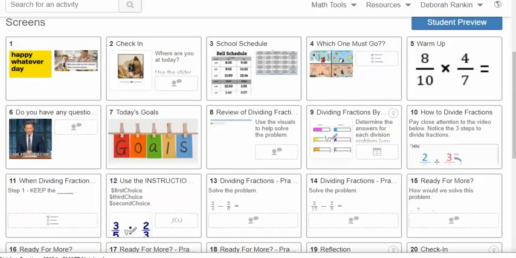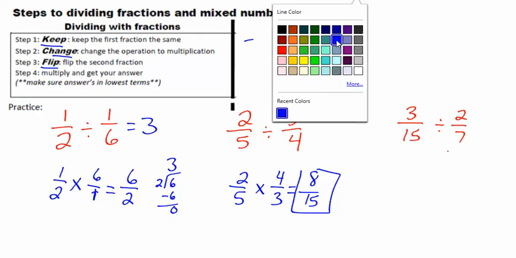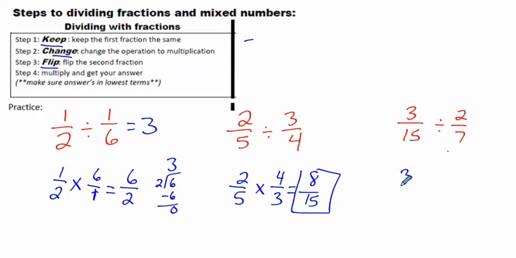Let's try the last one here. I'm going to keep, change it to multiplication, and flip the second number. Then I multiply straight across.